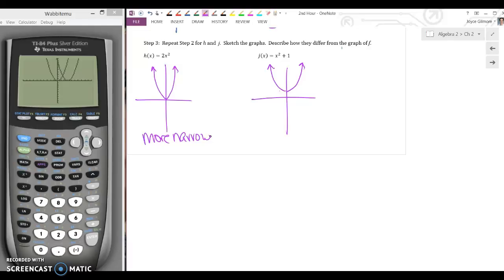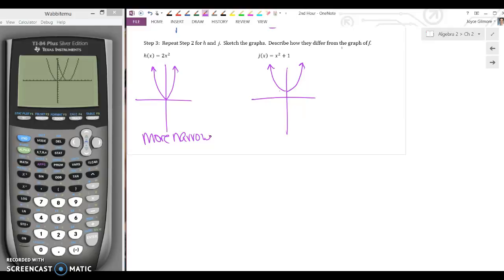That every function that we're going to see this year, these same transformations apply to all of them. So a number in front is going to either stretch or shrink the graph. If that number is bigger than 1, it's like it vertically pulls on the graph, which makes it get narrower. If that had been a 1/2 instead of a 2, it would push on the graph vertically, which would smush it out and make it wider.